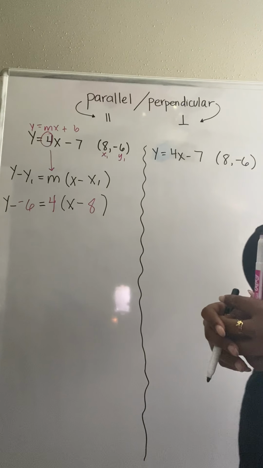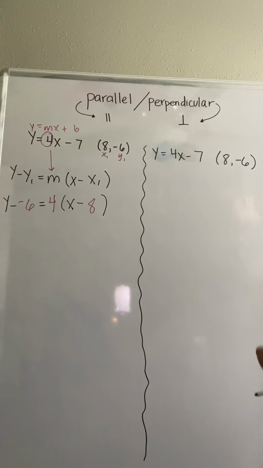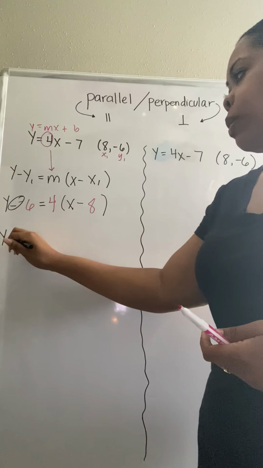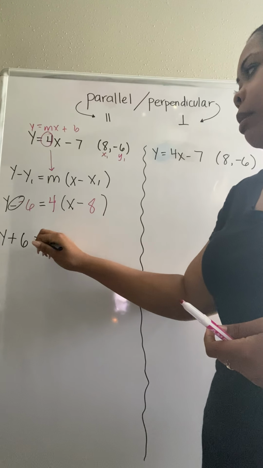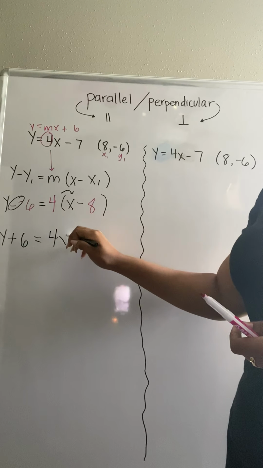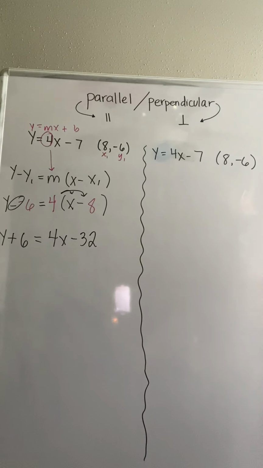Now we just need to do a few steps to get this into slope-intercept form. First thing I notice is that I have these two negatives here, so that turns into y + 6. We're going to distribute this, and we get 4x - 32.